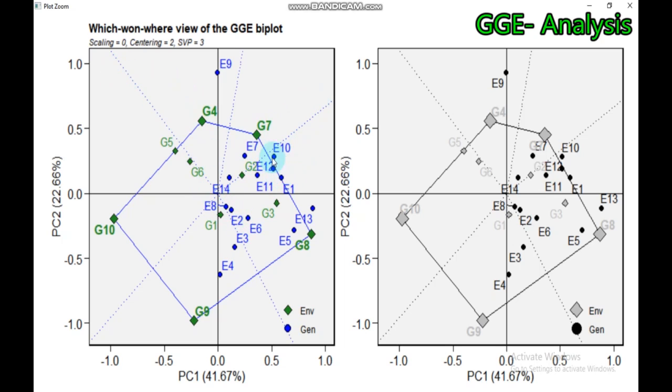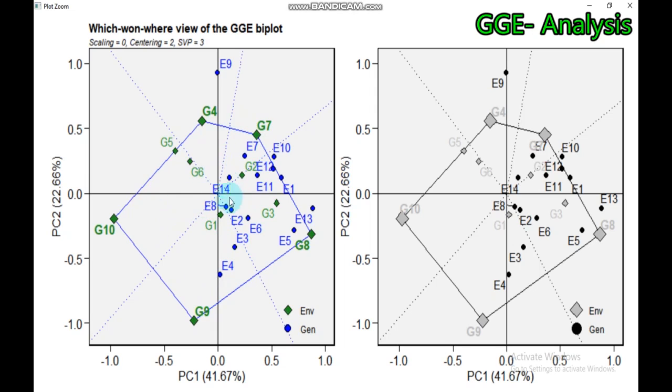And the other is the perpendicular line to the side of the polygon, it divides. For example, it divides here, it divides here, it divides. Since we have 5 vertices, here is 1, 2, 3, 4, and 5 points, there are also 5 perpendicular lines to the sides of the polygon that divide the biplot into sectors.